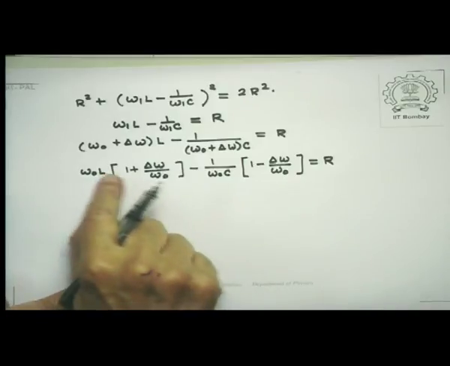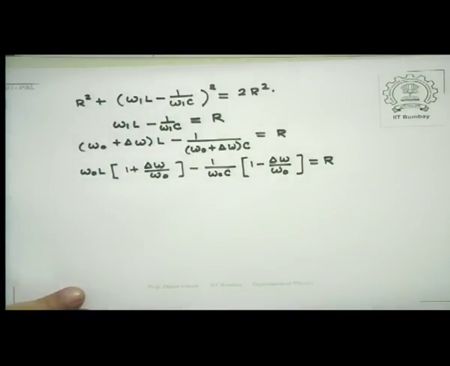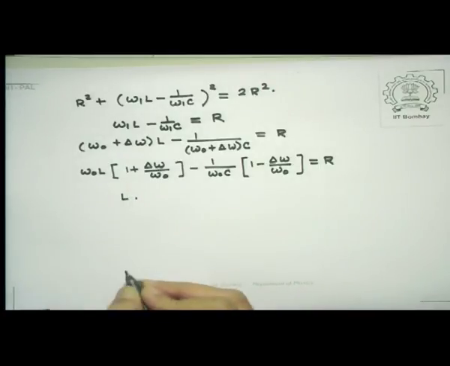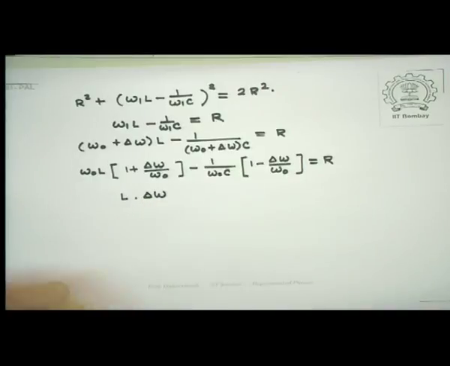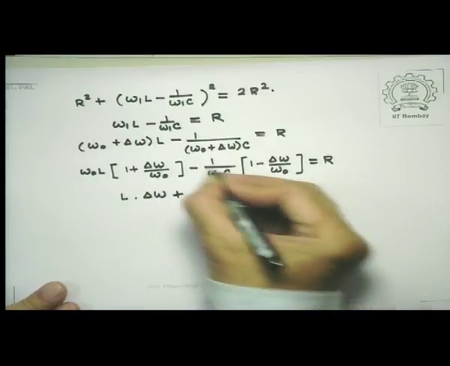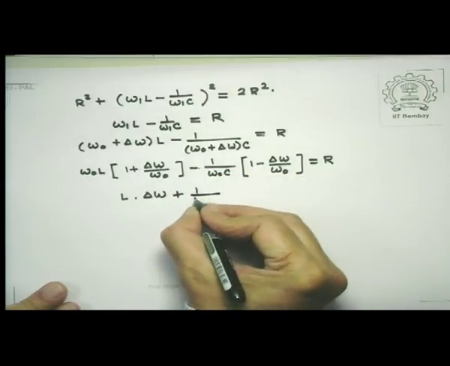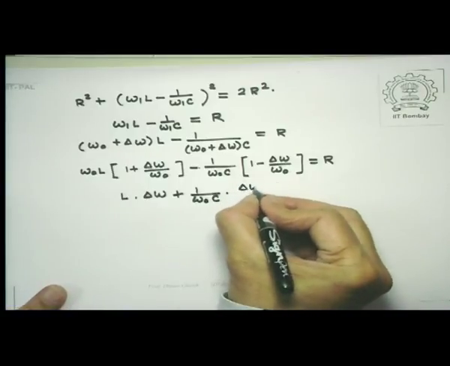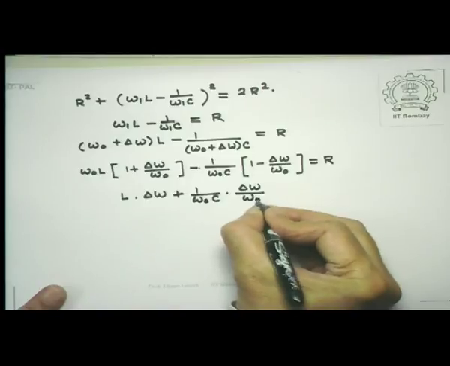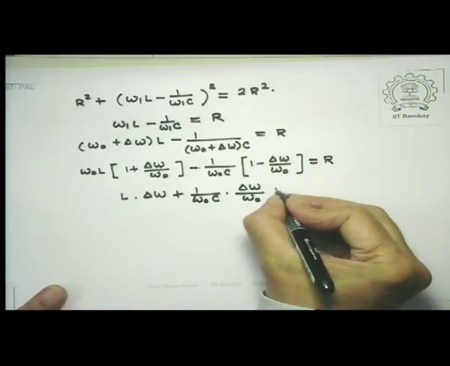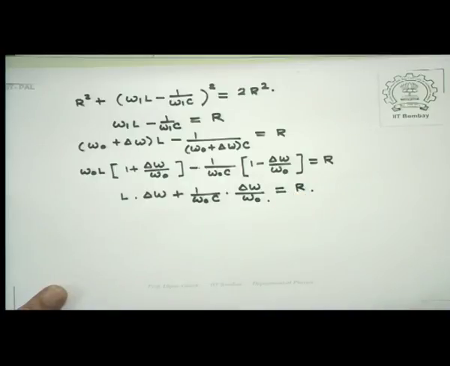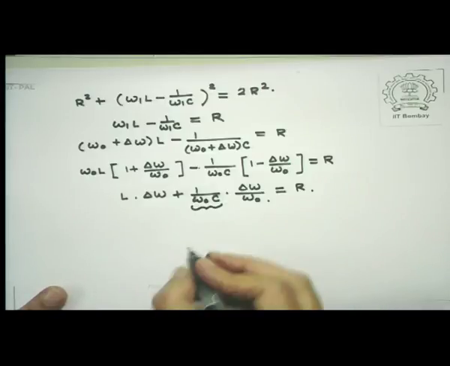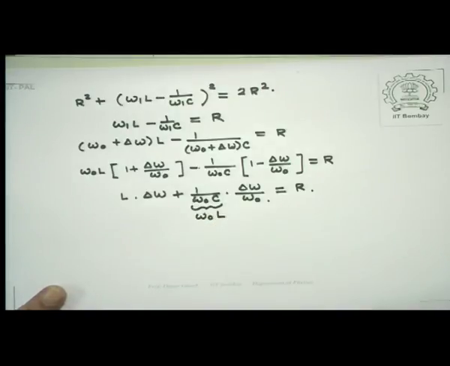So when you open this up, that term will cancel out, and I will be left with L times delta omega from this term, plus, because there is a minus here, 1 over omega 0 C times delta omega by omega 0, that's equal to R, and this term is nothing but omega 0 L at the resonance frequency.